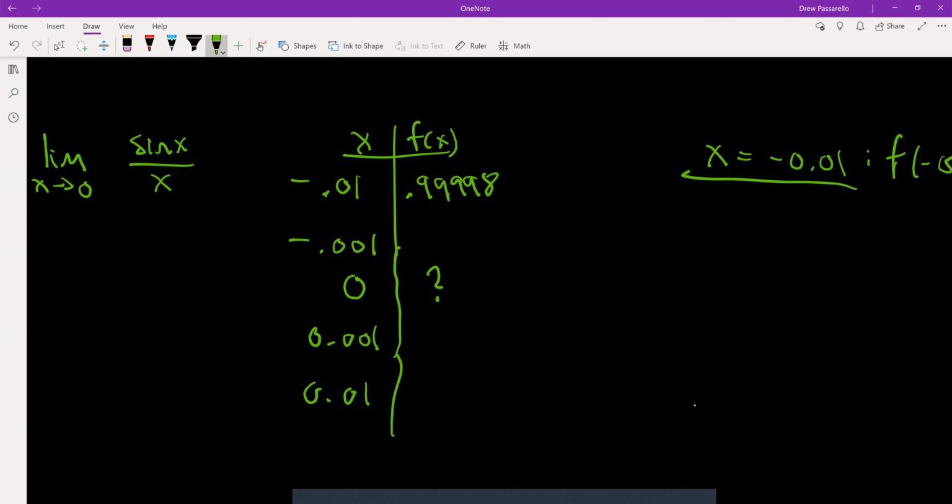And then do the same process. The other ones, I'm just going to go ahead and write what they come out to be.